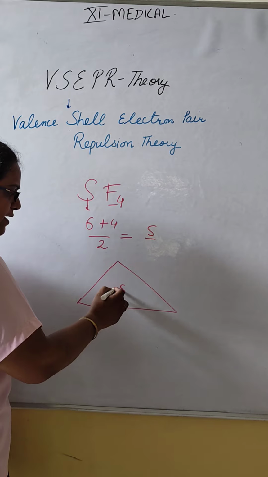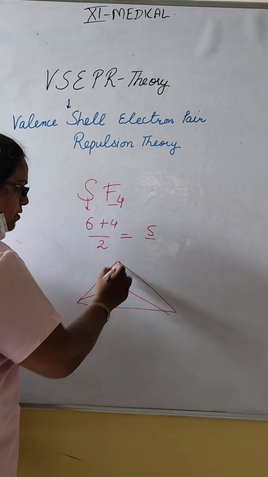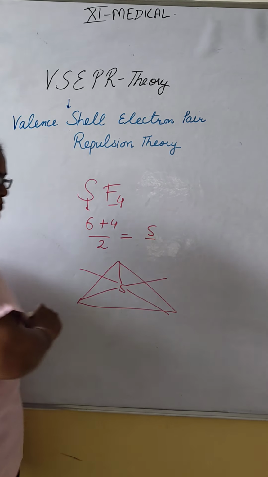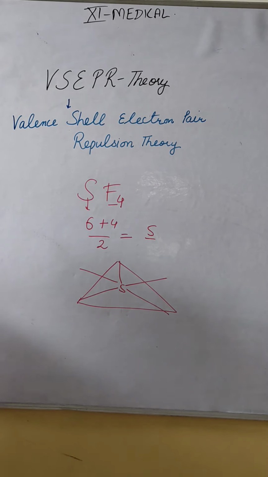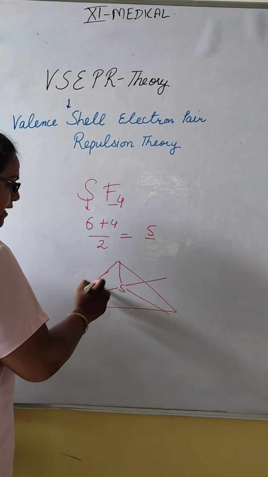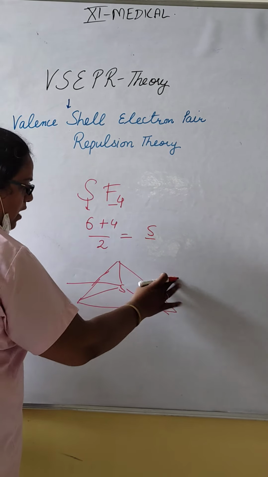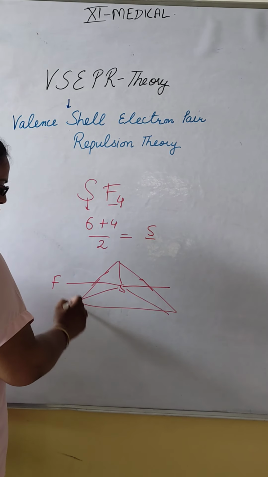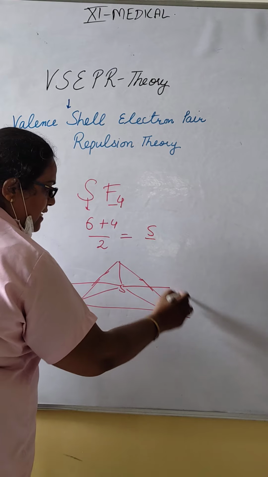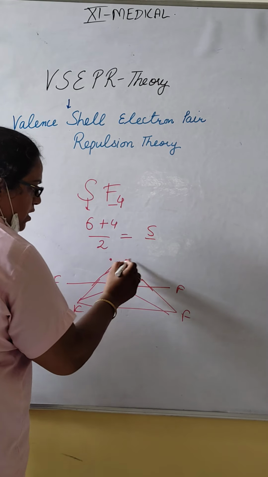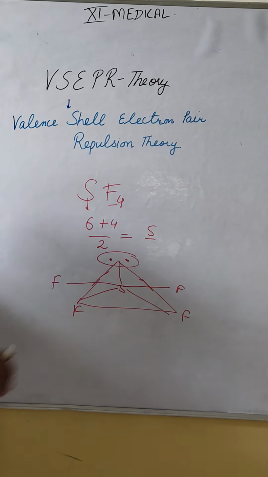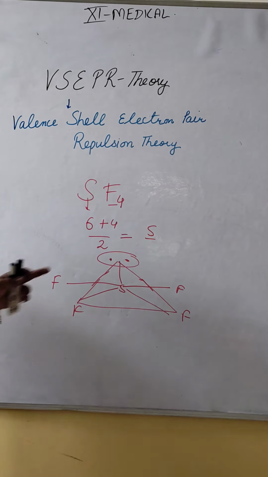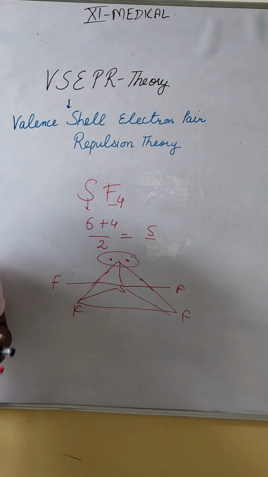How many lone pairs? 1. How many bond pairs? 4. So this is the shape. Now, why have I kept the lone pair here? Because of minimum repulsion, maximum stability.